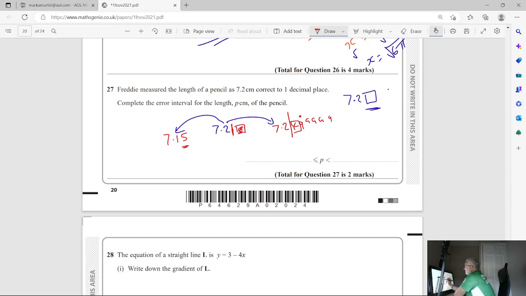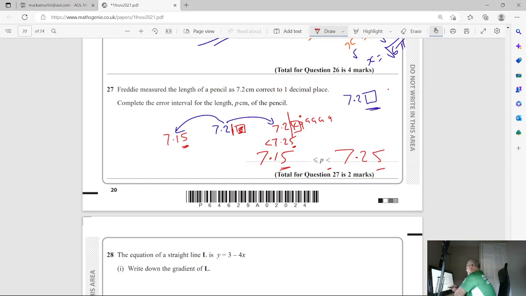Okay, so to round up, 7.15, to round down, it's got to be less than 7.25. So remember I said it ends in a 5 each time. Look at my sign here, it's got to be less than 7.25 and it's got to be equal to or bigger than 7.15.